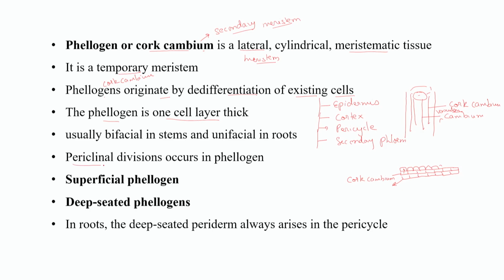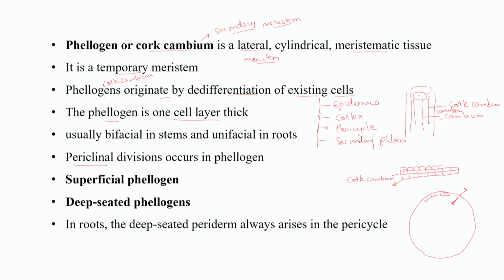See, in the vascular cambium also the division was periclinal, because in periclinal division the increase in diameter occurs. The tissues are coming out in the outer direction and the inner direction. So in that way diameter is increasing. This type of division is known as periclinal, whereas the anticlinal division that we have discussed will just increase the number of layers.